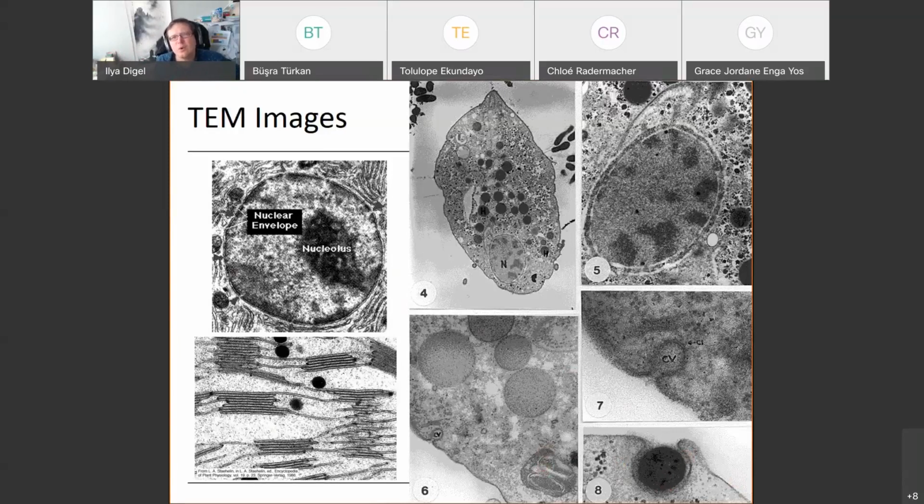So here we also have some limitations. That means mostly we cannot see single proteins. The resolution is at about 10 nanometers. All structures that are less than 10 nanometers, and most proteins are less than 10 nanometers, you cannot really clearly see.